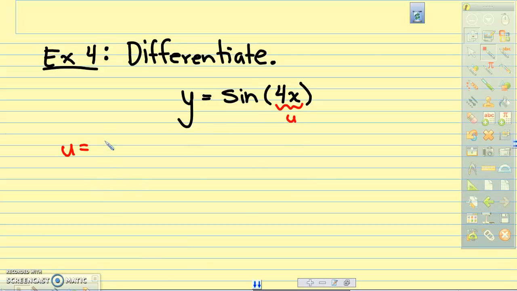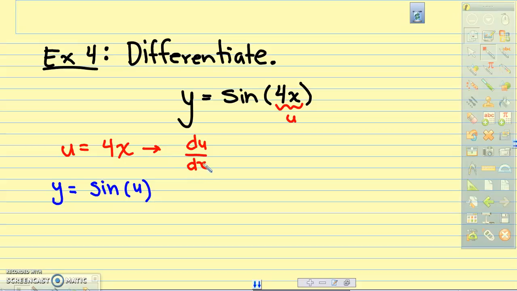So u should equal 4x here, meaning that y will be sine of u. So we have du over dx equals 4.